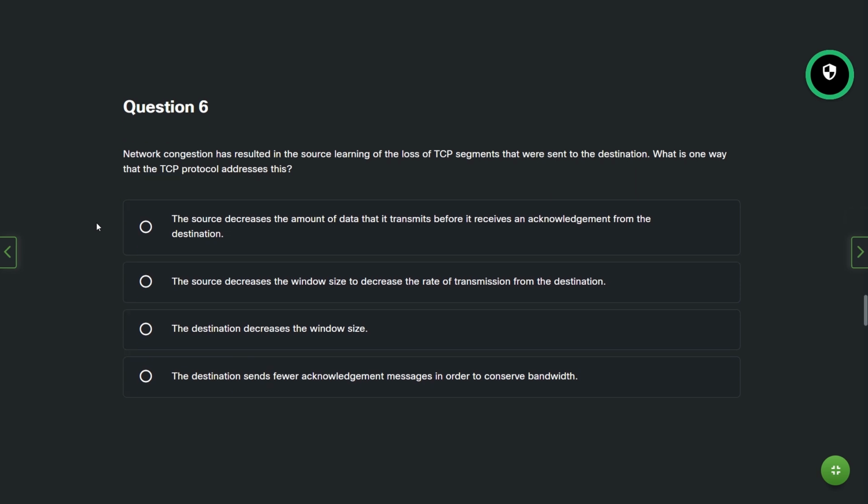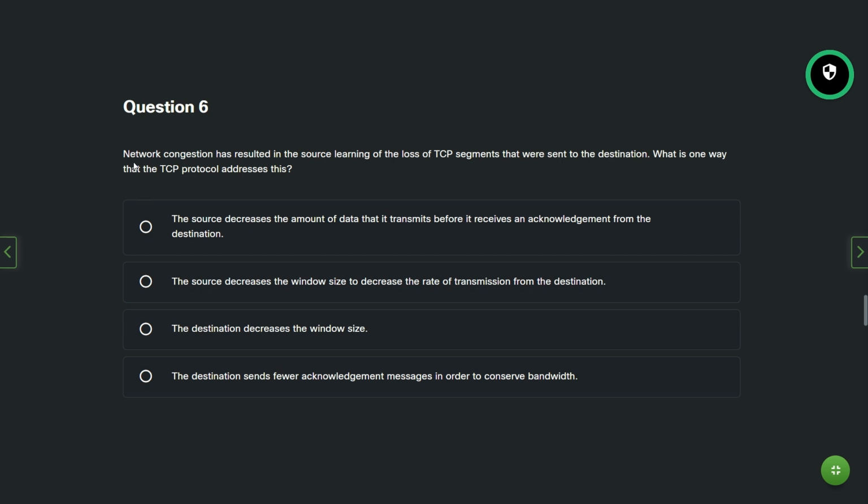Okay, question 6. Network congestion has resulted in the source learning of the loss of TCP segments that were sent to the destination.